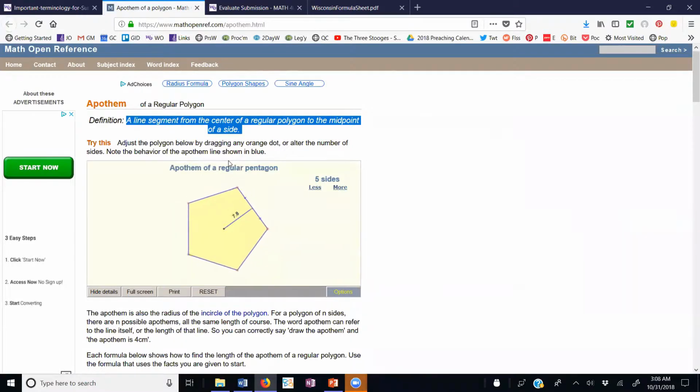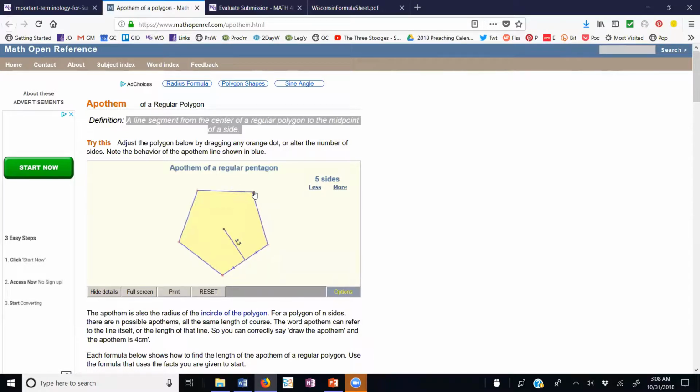And it is going to be perpendicular by symmetry. And we could use congruent triangles here.